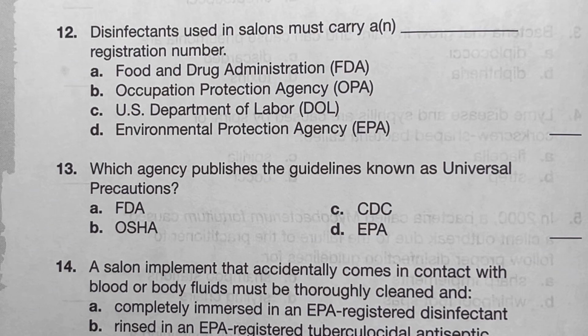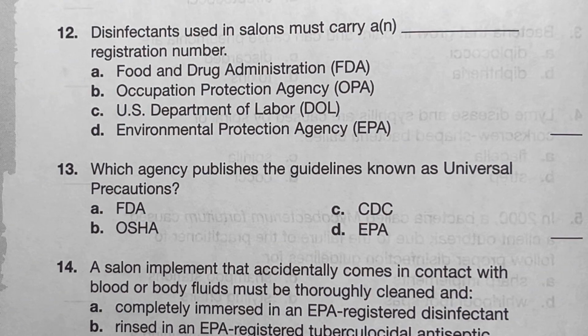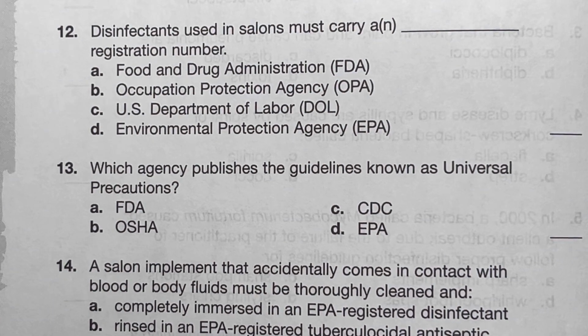Number 13. Which agency publishes the guidelines known as Universal Precautions? A. FDA. B. OSHA. C. CDC. D. EPA. And the correct answer is B. OSHA.